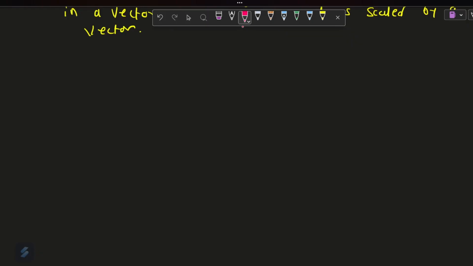So let's get started with an example of element-wise multiplication.